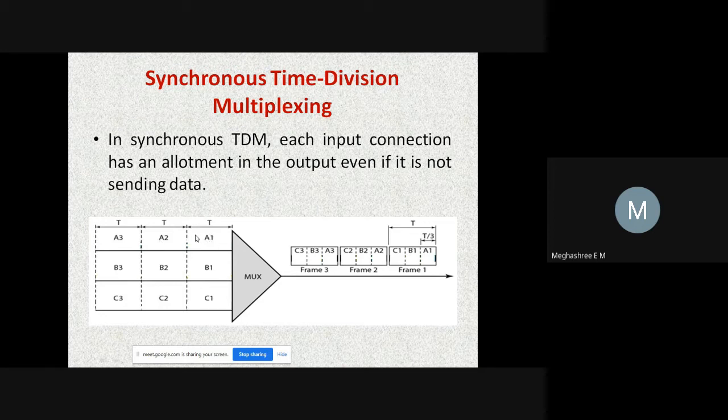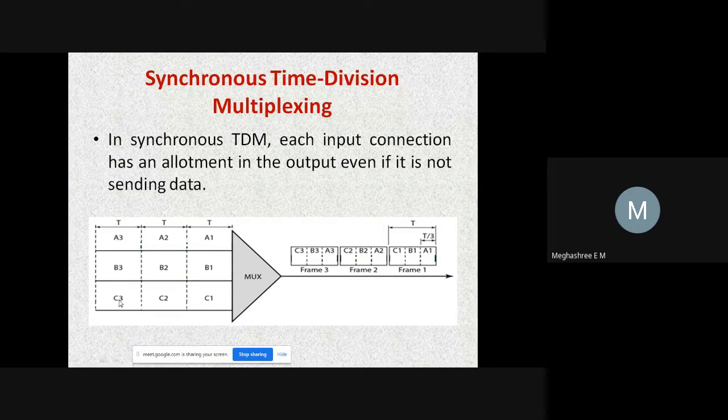How many units are there? 1, 2, 3 for the first connection. For the second connection, B1, B2, B3 are the units. For the third input connection, C1, C2, C3 are the units.